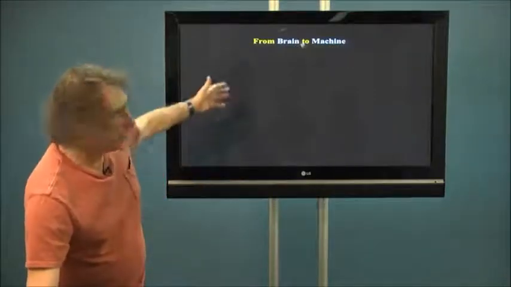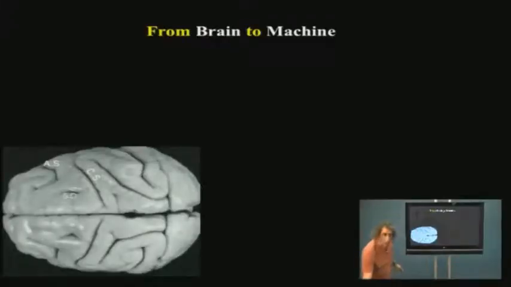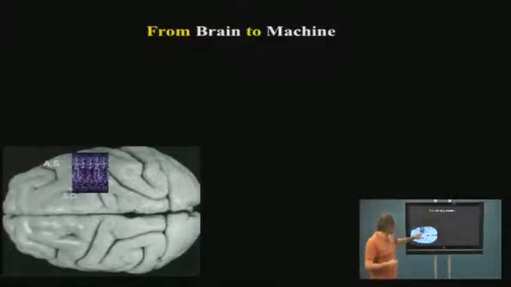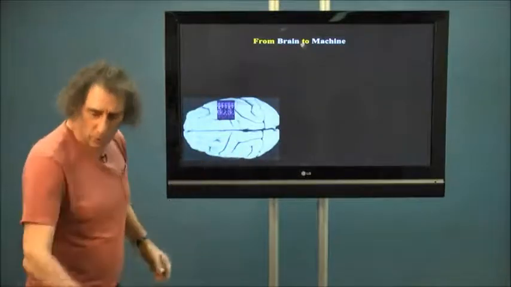So the idea is the following. You go to a particular brain region, let's say here. You know that this particular brain region from previous studies is responsible, let's say, for movement. If you zoom into this brain region, of course, you'll see anatomical networks of neurons.